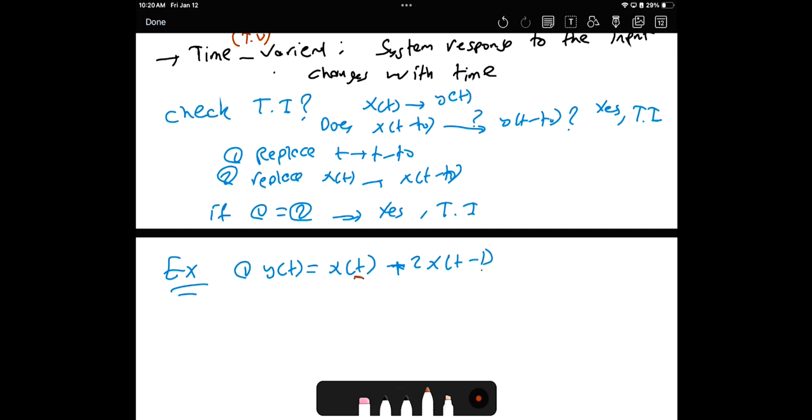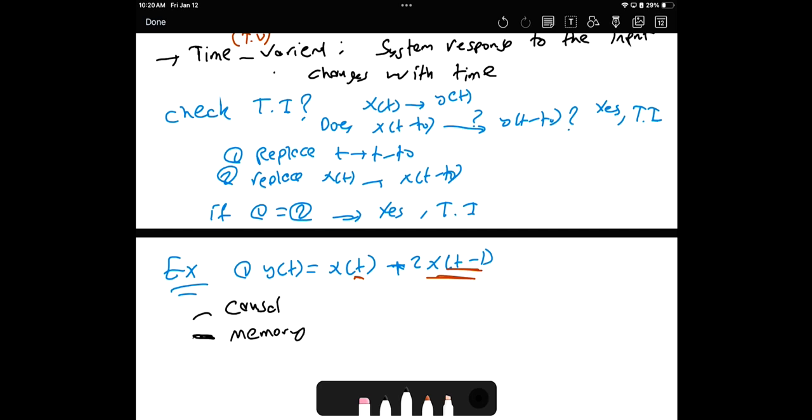Here is present, here is past, so yes, it is causal. Now, is it memory or memoryless? Is it depending only on the present or on the past and future? We have some past inputs, x of t minus 1. Therefore, it is memory, because one of the terms depends on past inputs.